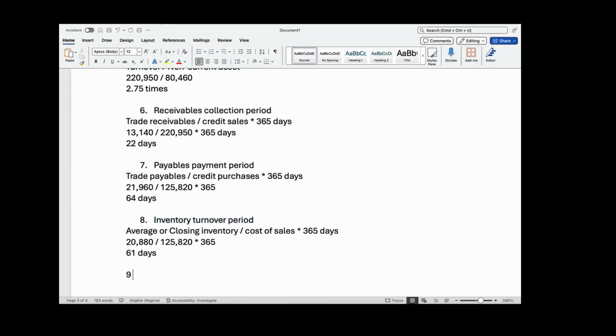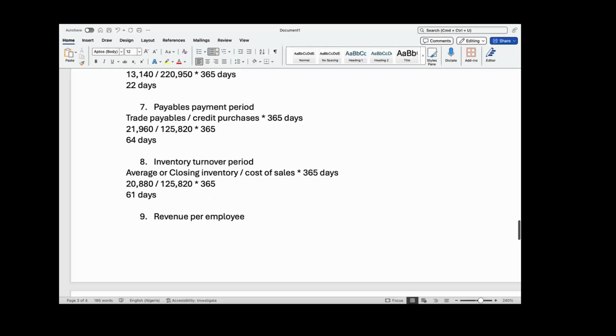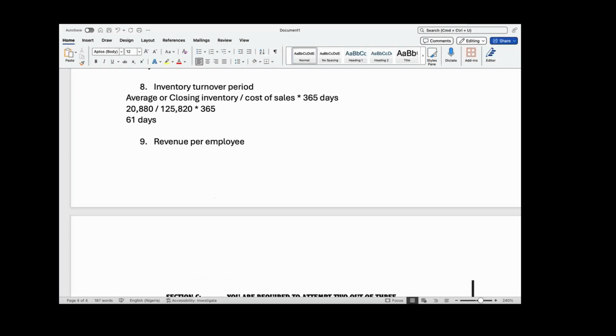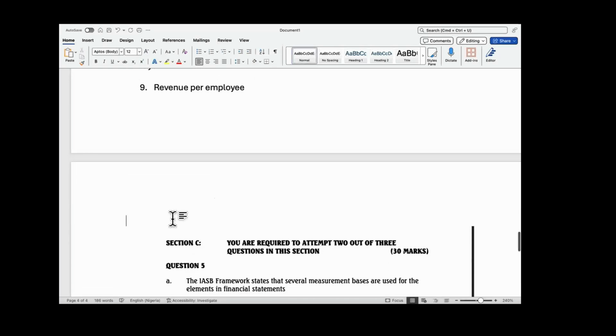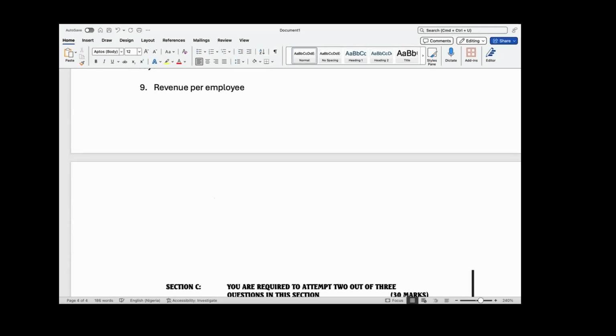So number 9 is asking us for revenue per employee. So how do we compute this? What do you mean you don't know? This is a basic requirement. There's nothing special in this. You should know. Can anybody tell me? Revenue means sales, sir. Should we look at the relationship between revenue and employee?